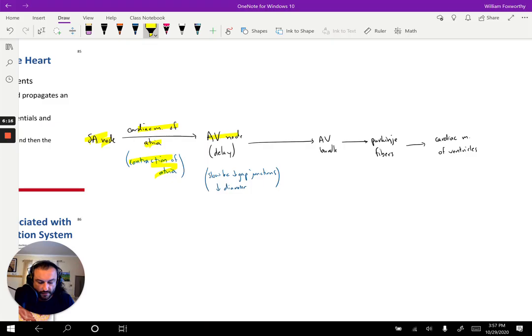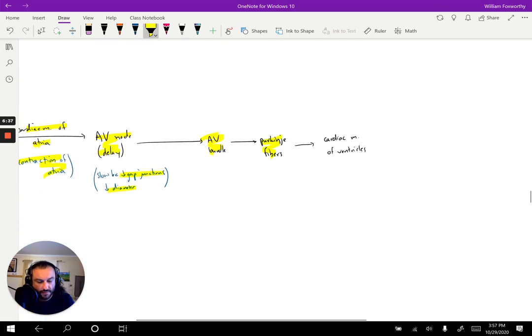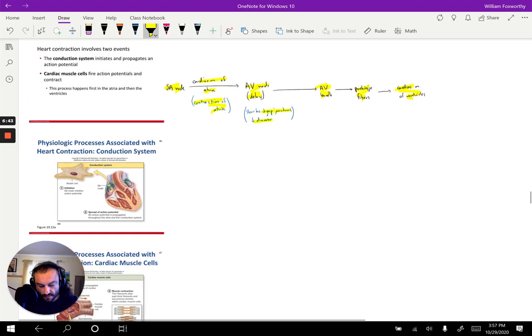That electrical signal is delayed at your atrioventricular node because at that node you have a small number of gap junctions and also small diameter. That introduces a delay between the atria and the ventricles. The electrical activity then travels through the AV bundle, then into the Purkinje fibers, and finally through the cardiac muscle of the ventricles, which causes the ventricles to then contract.